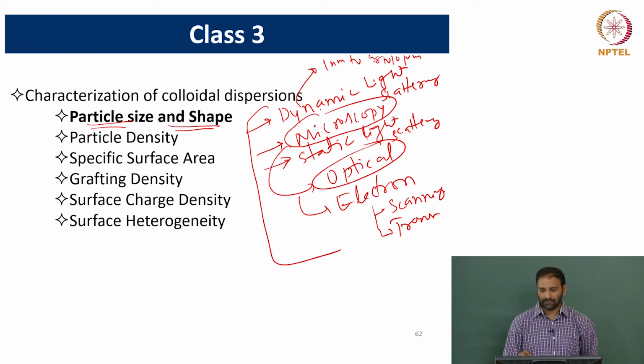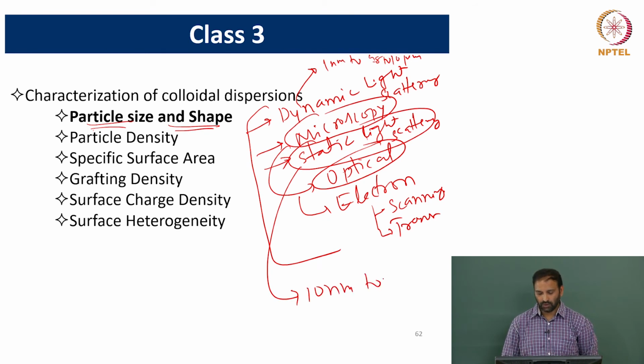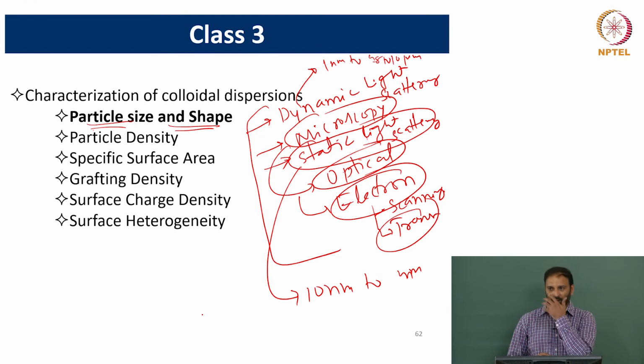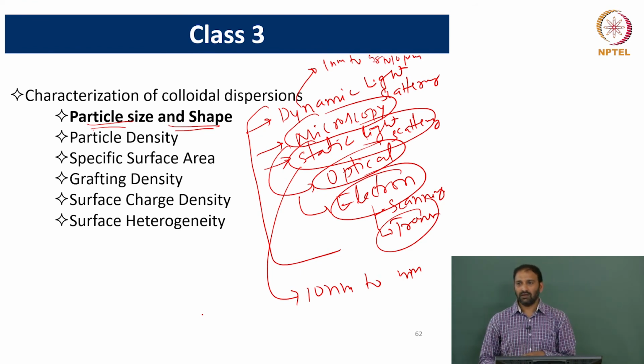And static light scattering can measure sizes all the way from 10 nanometers to a few millimeters, a very large size range. Electron microscopy, especially transmission electron microscopy, is suited when you're looking at particles at the nanometer length scale.